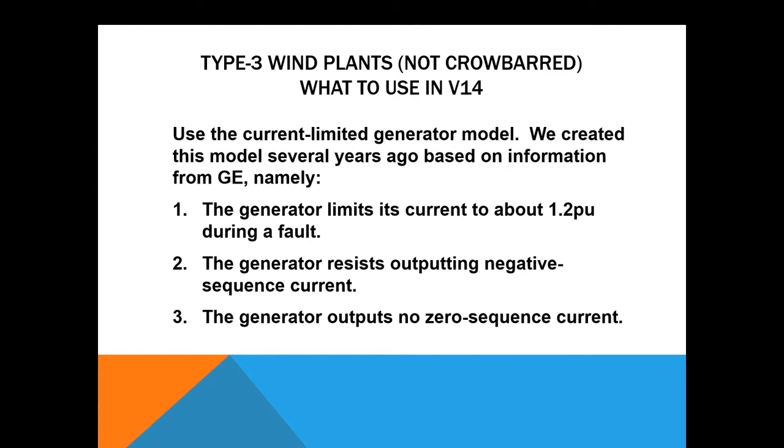Well, it turns out that if the generator generates negative sequence current, it will cause a ripple in the DC circuit between the back-to-back converter that supplies power to the rotor. And the third is that the generator outputs no zero sequence current, mainly because the terminal of the generator is connected line to line. So there's no way for it to generate a zero sequence current.